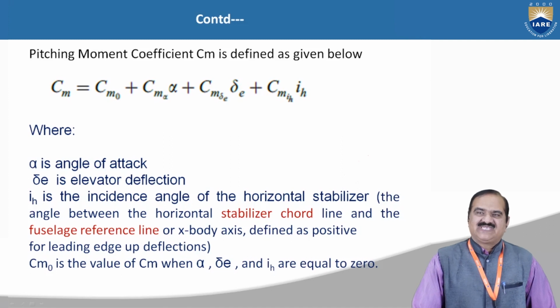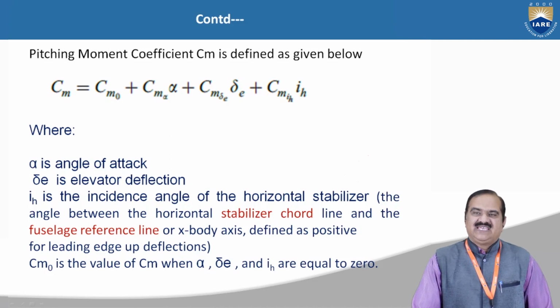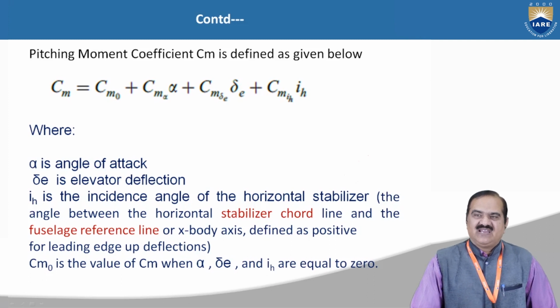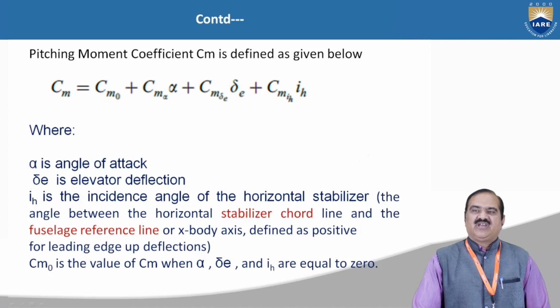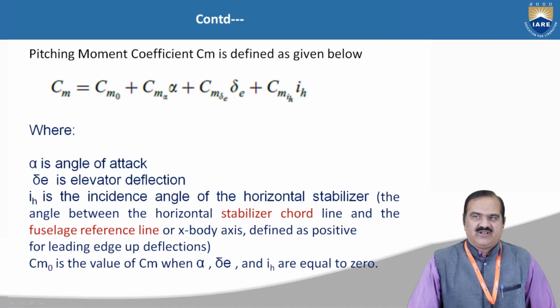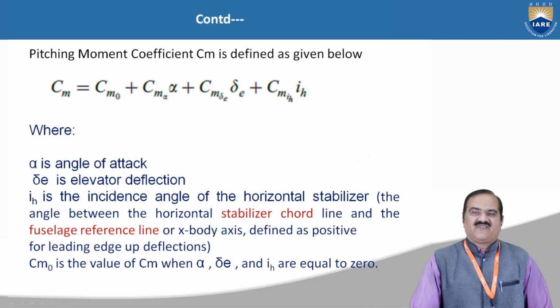Here alpha is the angle of attack, delta E is the elevator deflection, iH is the incidence angle of the horizontal stabilizer, the angle between the horizontal stabilizer chord line and the fuselage reference line or X body axis, defined as positive for leading edge deflection.